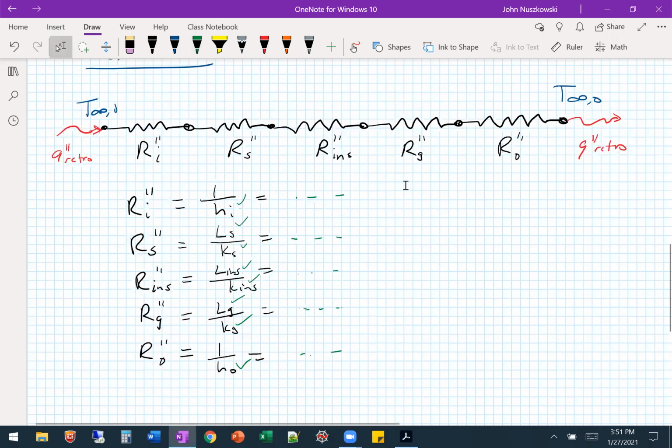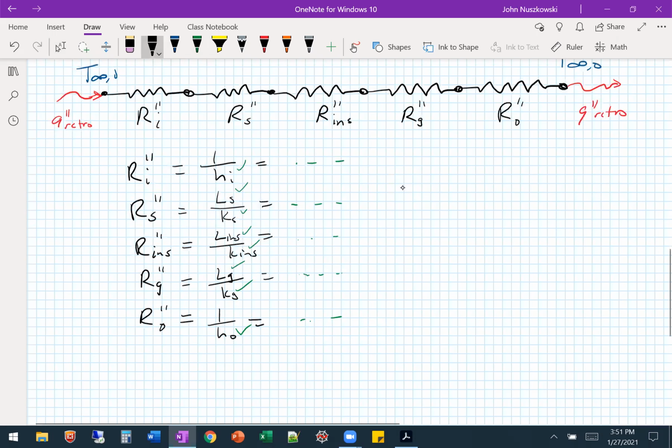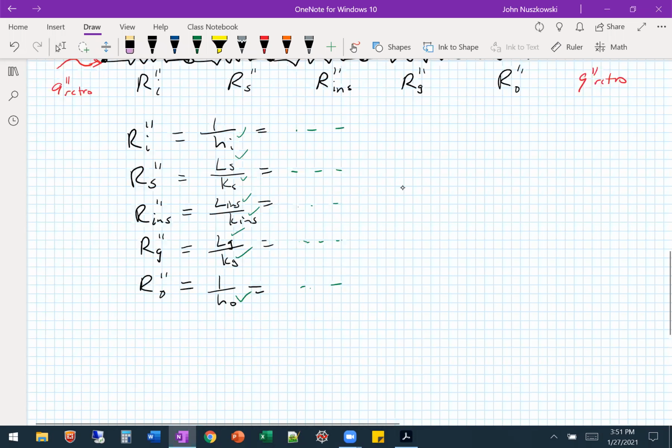All right, so let's say we have those values calculated. What would be the next step? Add them up because they're in series. Yeah, they're series resistors, so we can add up our resistances.